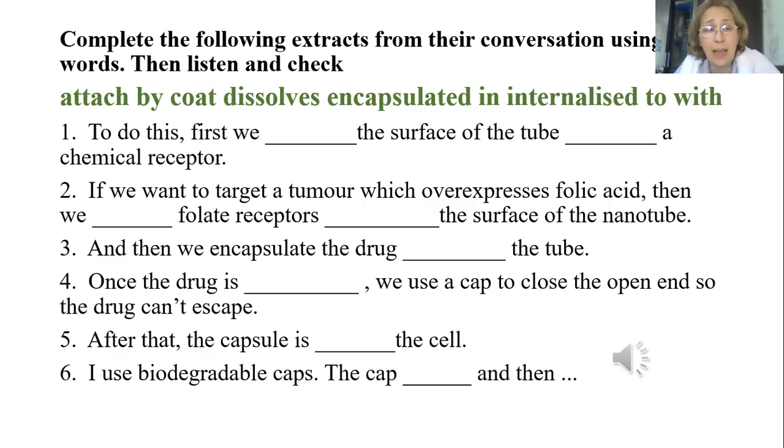Now then we attach folate receptors to the surface of the nanotube. Attach, прикреплять, right? Да. Number 3. And then we encapsulate the drug in the tube. In the tube. The fourth one. Once the drug is encapsulated, we use a cap to close the open end so the drug can't escape.